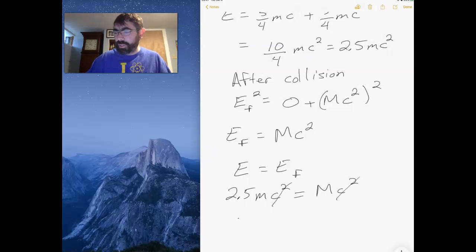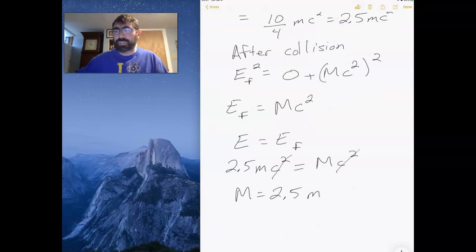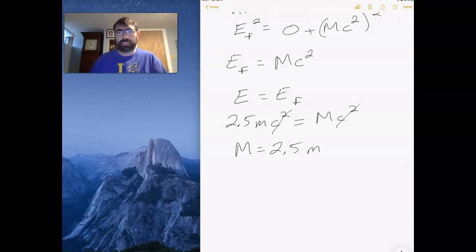So the c squared cancels. In the end, the total mass in the system is 2.5 times the mass of each individual lump of clay. Non-relativistically speaking, if I take two lumps of clay and add them together, I should get 2 times the mass.